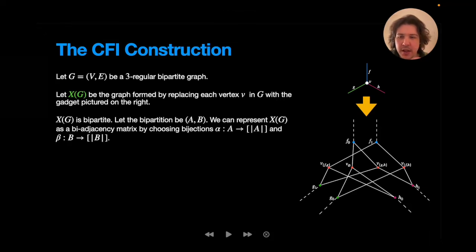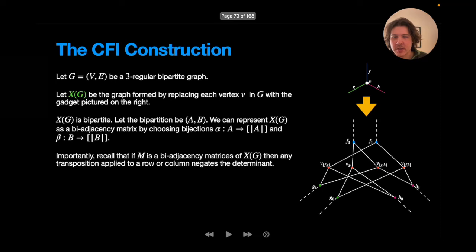Now, it's easy to note that XG is bipartite, and importantly, we're going to be interested in the biadjacency matrices that you can construct from this graph, this XG. Of course, to construct a biadjacency matrix, you need to choose bijections from the different partitions. In other words, you need to order each partition in order to construct the matrix.